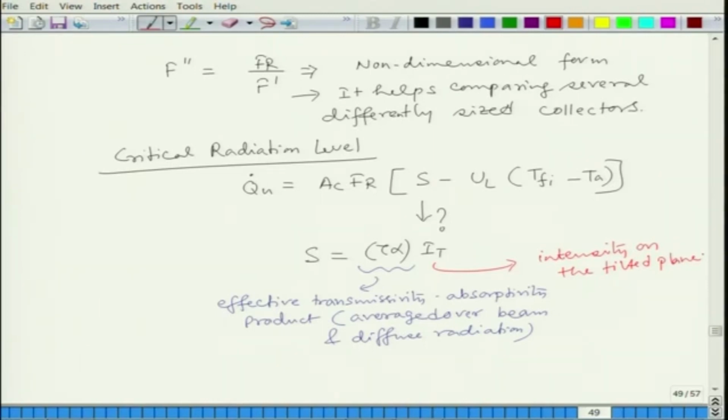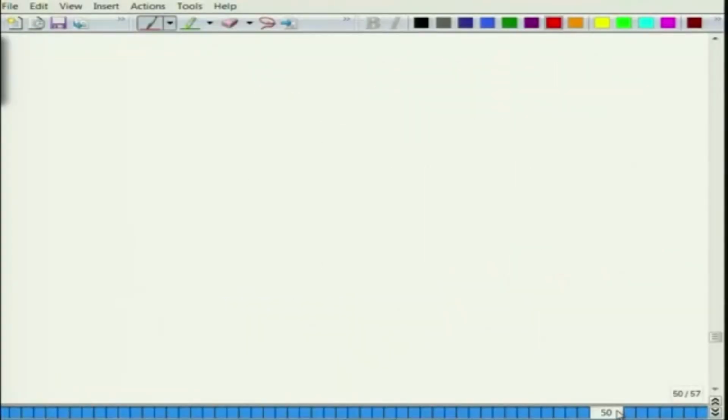Now, you may have a situation where you actually have very low intensity and still you are running the flat plate collector. So, what would be the consequence? Let's see that. Okay.